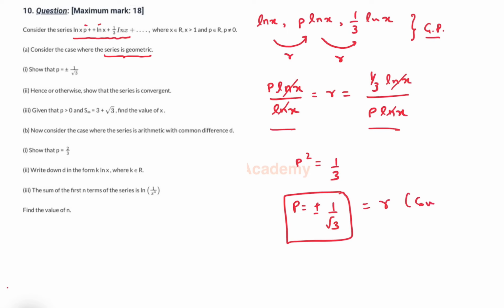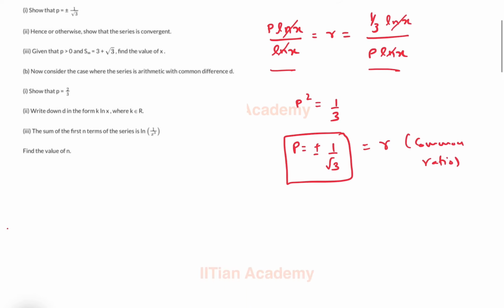And if we see closely, p is nothing but the common ratio. We call this term common ratio r. So p is equal to plus minus 1 by root 3, which is also equal to r. Now in the second part, we have to show that the series is convergent.